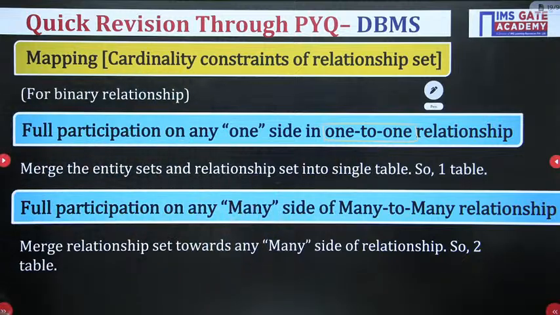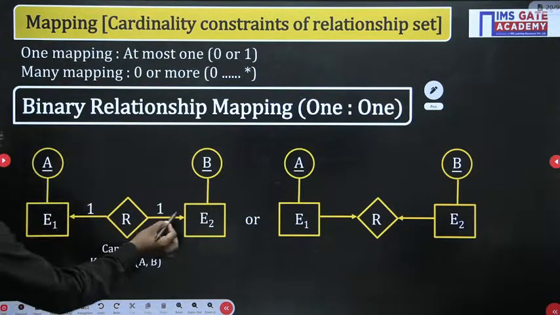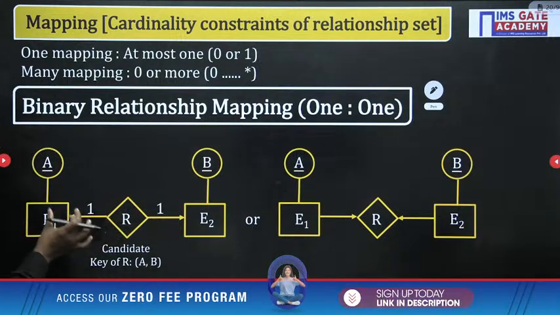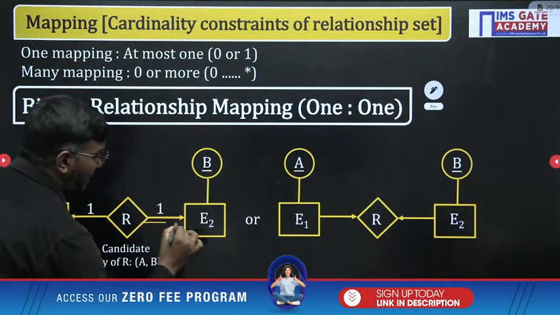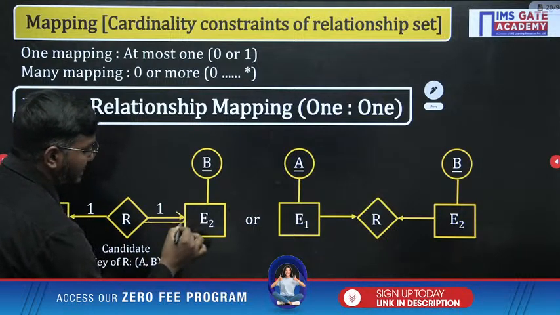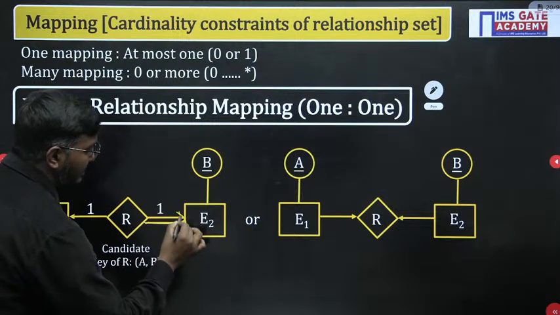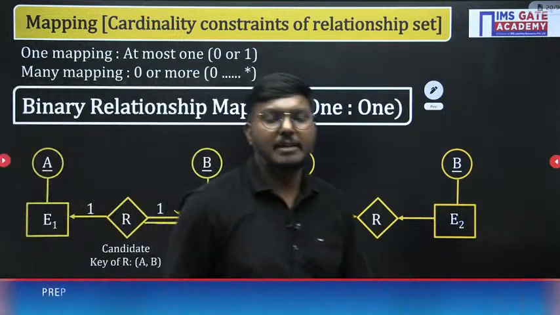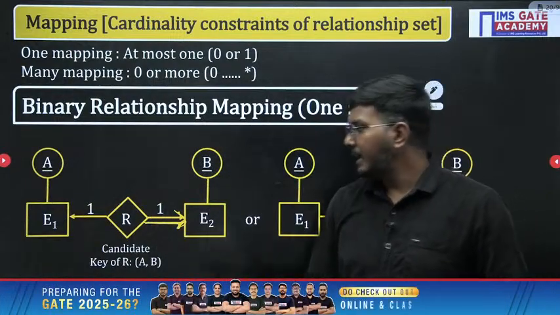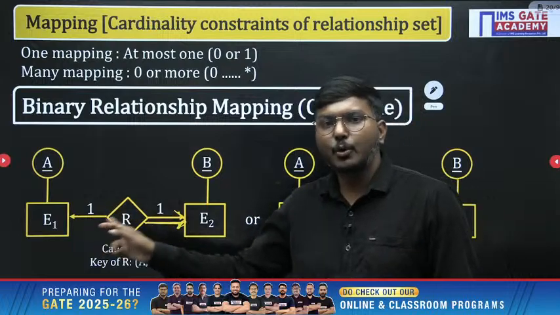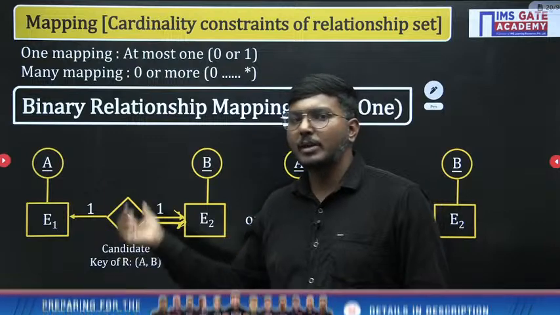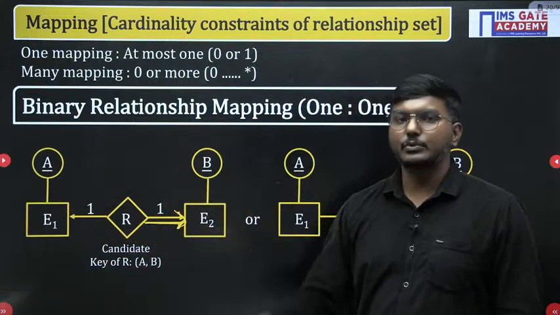Now see here. If the mapping is one to one and we take any one side with total participation, let's take the E2 side as having the total participation, then tell me how many minimum tables. Previously, if the mapping is one to one and both sides have partial participation, we have seen that you can merge the R either towards the E1 side or towards the E2 side.